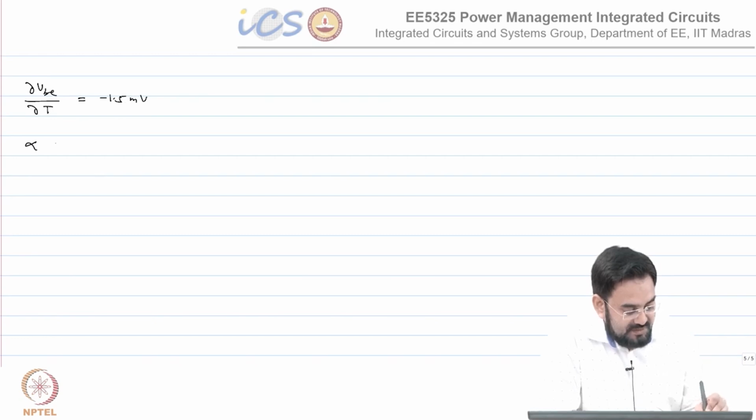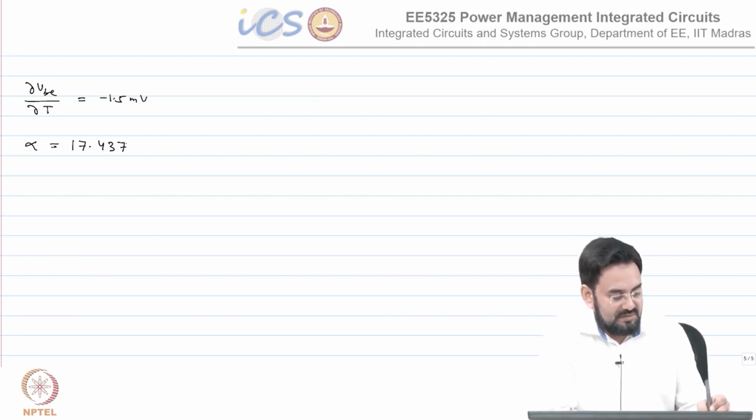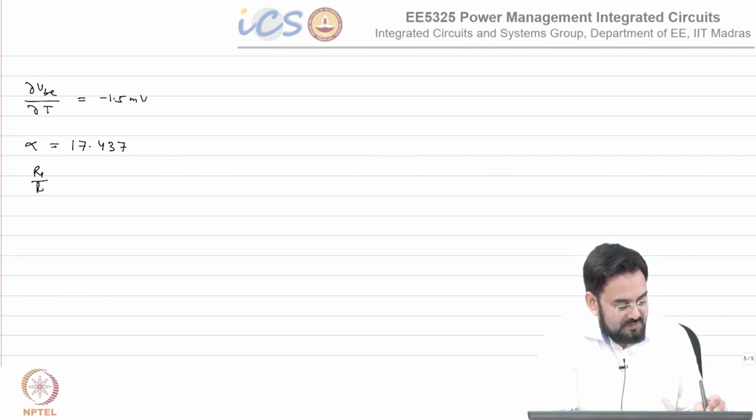So, what is your alpha? 17.437. Can you calculate the m from here? R1 by R2 into ln m equal to 17.437.